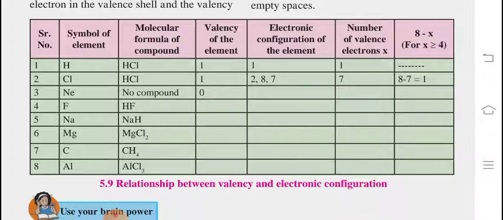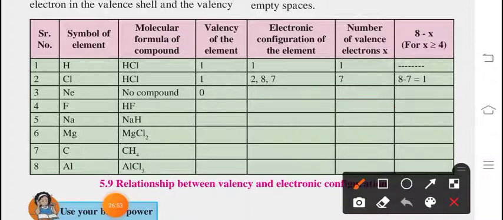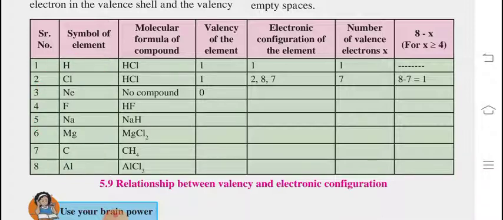Now you have to solve the remaining for sodium, magnesium, carbon and aluminium. You have to make each element with the hydrogen. That means here it is written NaH, MgCl2, methane and AlCl3. So these are the compounds here. You just have to write their number of valence electrons.